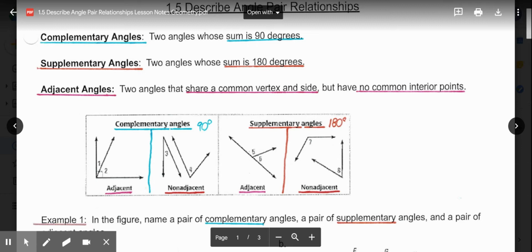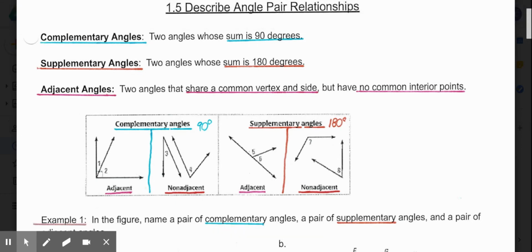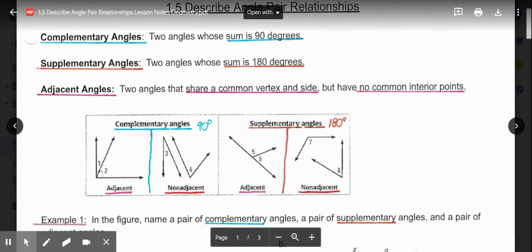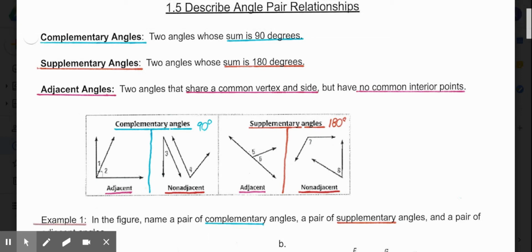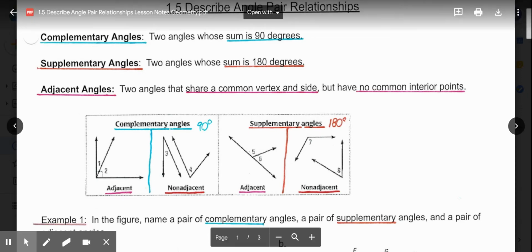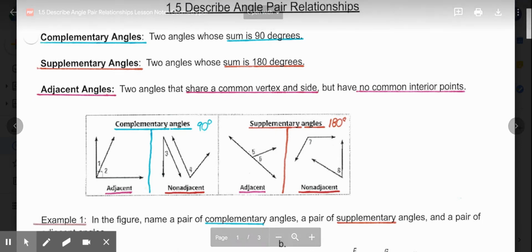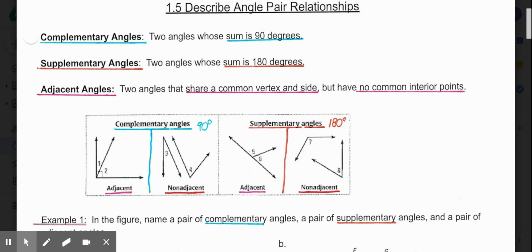Non-adjacent complementary angles would be like 3 and 4 here, so they don't share a vertex and side, but they still add to be 90 degrees. Then supplementary angles, so they add to be 180. Adjacent supplementary angles would be like 5 and 6 here.